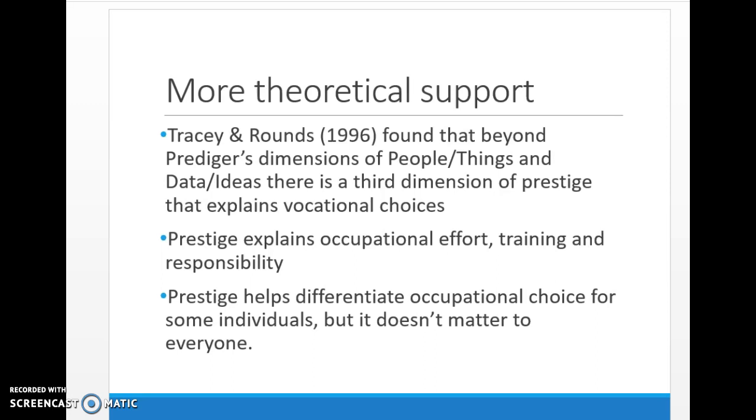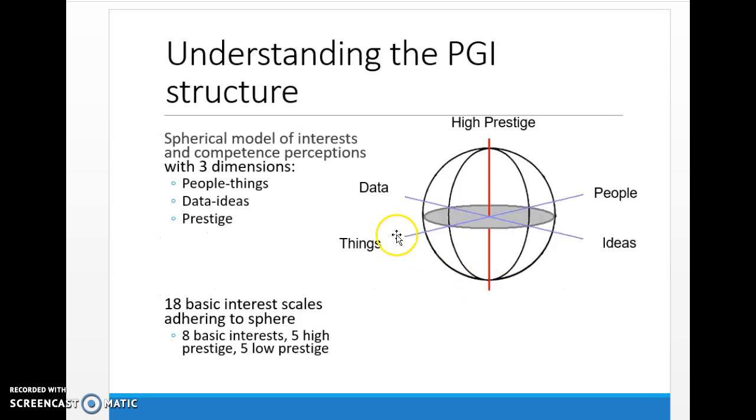So it's a little different from what we may think of as prestige, but kind of similar. So for some people, prestige matters a whole lot. They really want a very prestigious job, or they really want a very not prestigious job, and other people it doesn't matter at all. So when you have these 3 dimensions, you have this globe.